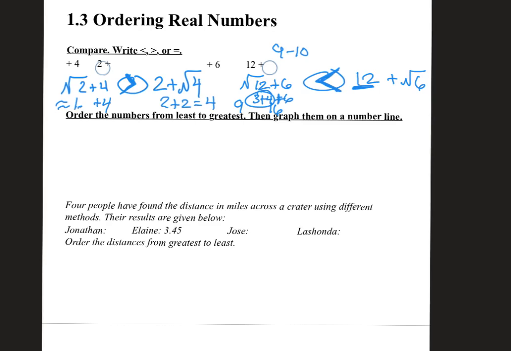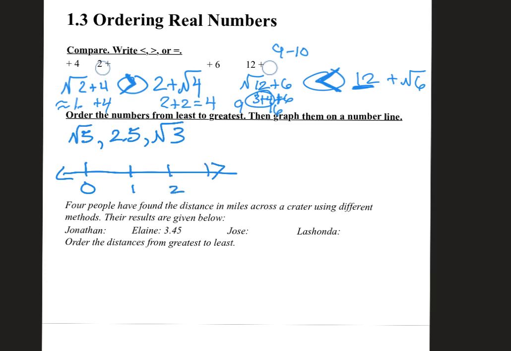Okay, so now we're going to order the numbers from least to greatest. We have the square root of 5, we have 2.5, and the square root of 3. So on a number line, I'm going to do 0, 1, 2, and 3.